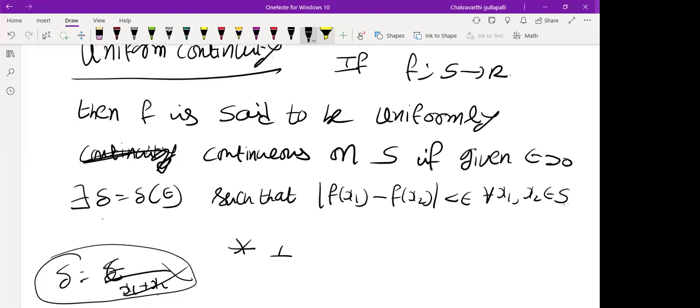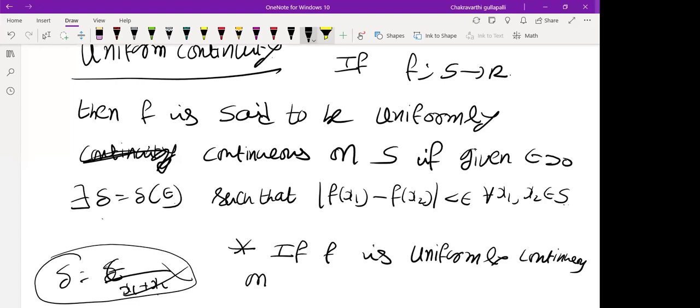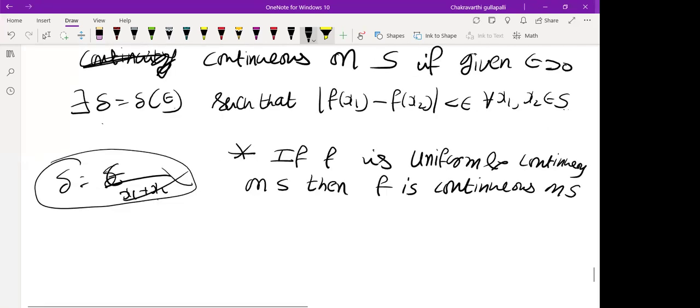So a very important point is, if f is uniformly continuous on S, then f is continuous. So uniform continuity implies continuity.